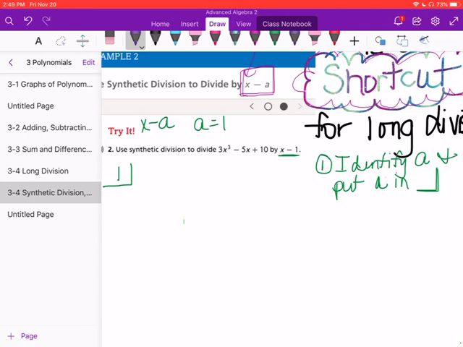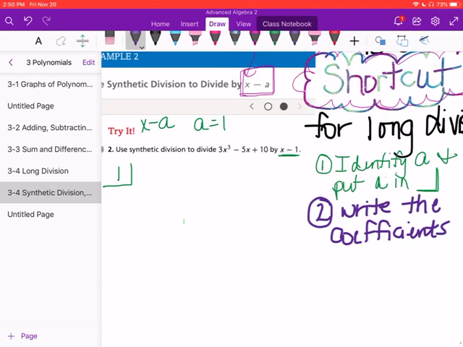Then, step 2, you're going to write the coefficients of the polynomial beside that.